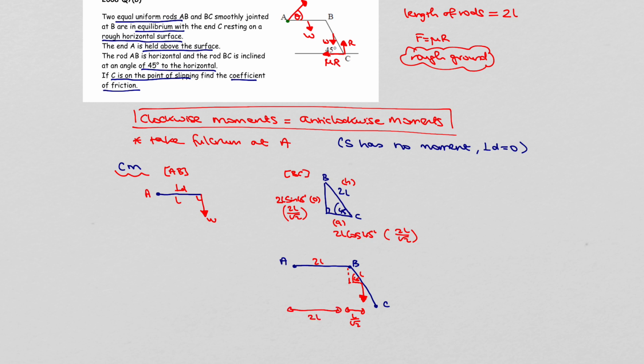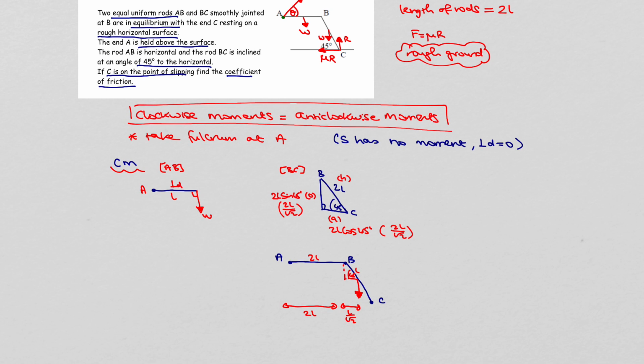Now, if I look at mu R for my clockwise moment. And again, I have A, B, and C. So mu R is acting along C. So the line of action for mu R is this.